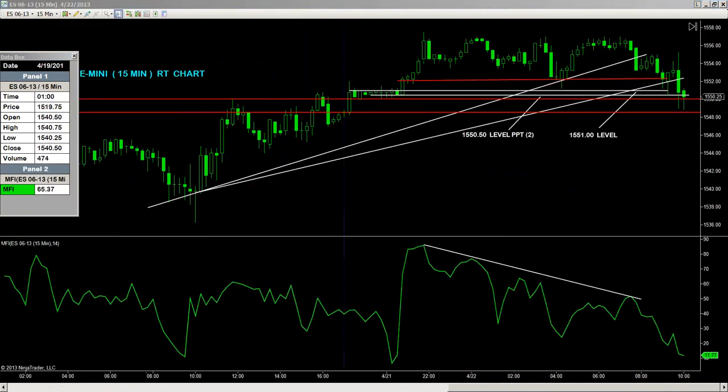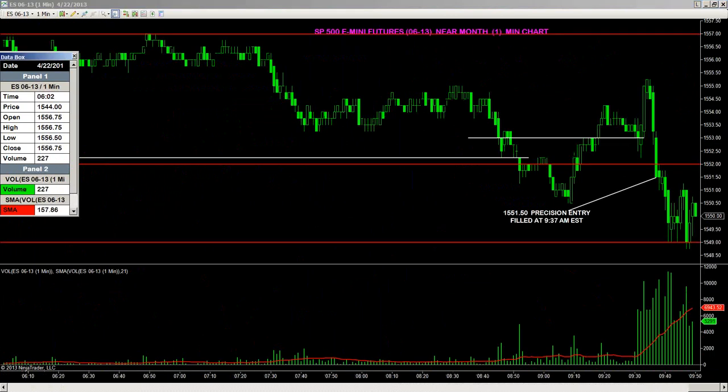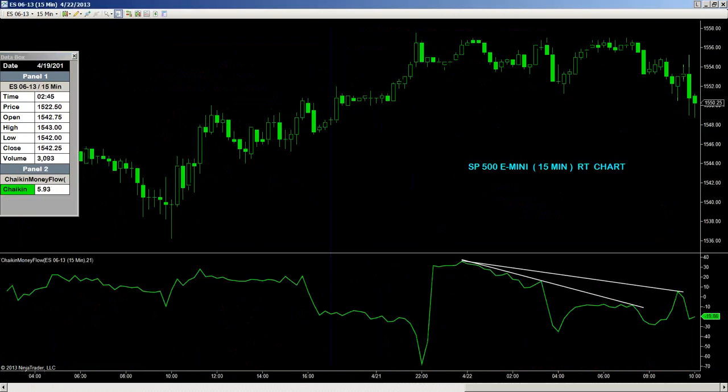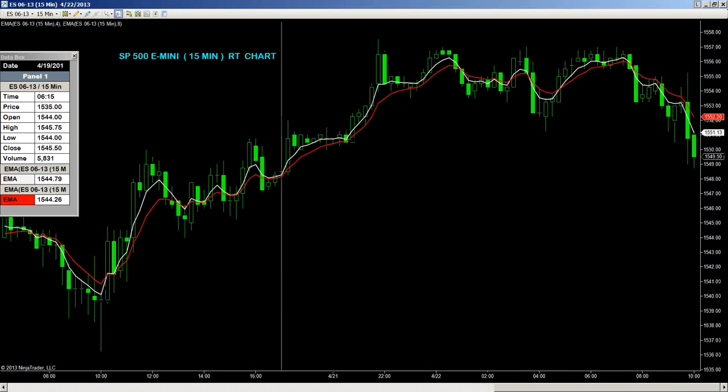Little momentum to the upside on the Chaikin money flow, longer term sideways, looking to possibly turn up.